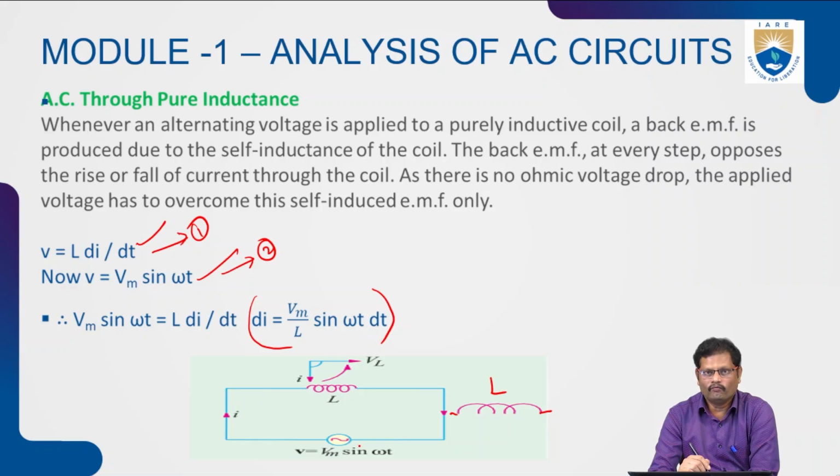And when an AC supply is given to the inductor, current starts flowing through this inductor. So in this pure inductor, the current lags the supply voltage by exactly 90 degrees.